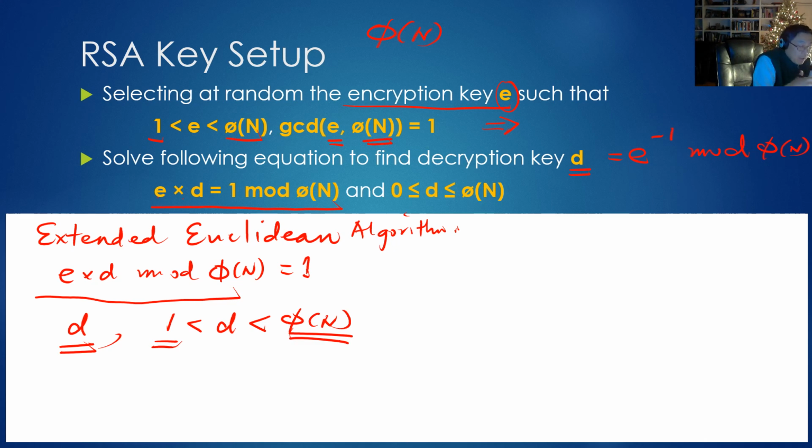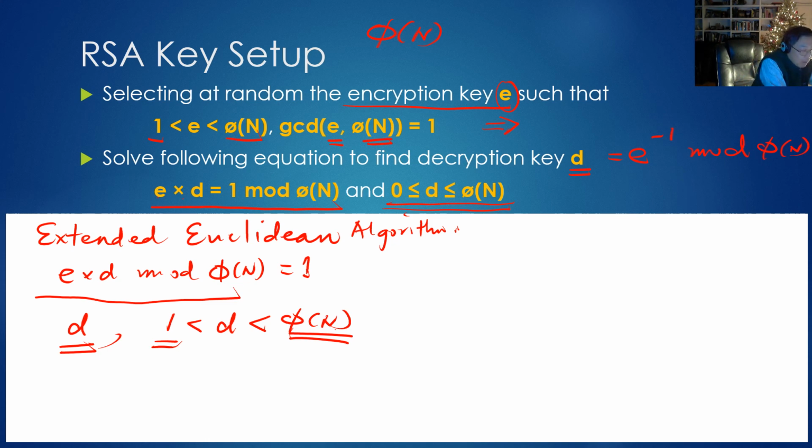But if D happens to be in this range, that's great, so we accept D as the other key, the decryption key. However, what happens if D is not in this range, for example D is a negative number, or D is bigger than phi of n? Then we need to do a little more work to force D into this range.